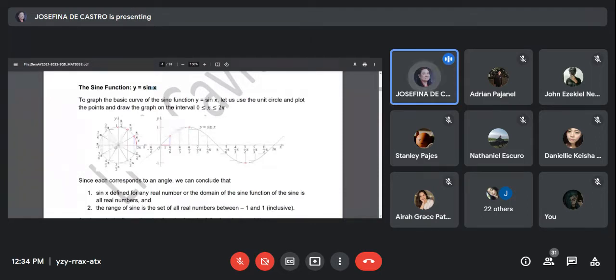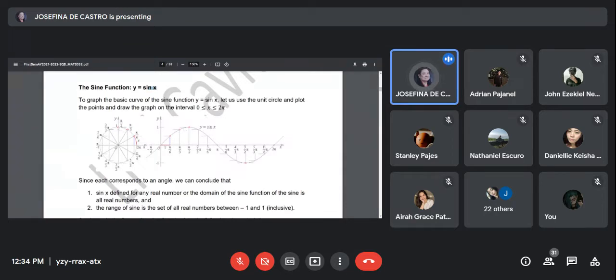Okay? And parang yung unit circle, in-spread out natin, parang 1/4 of the circle from 0 to 90 degrees. Ito yun. Yung 1/4 ng circle, circumference of the circle. Okay?